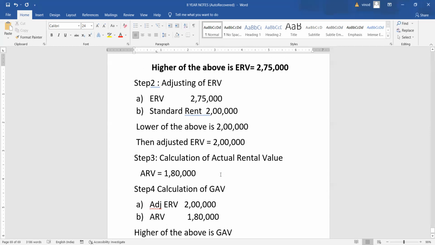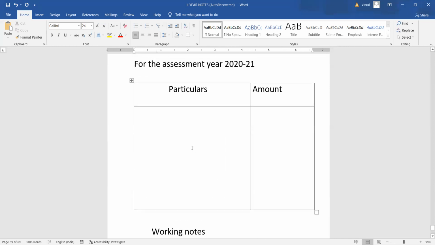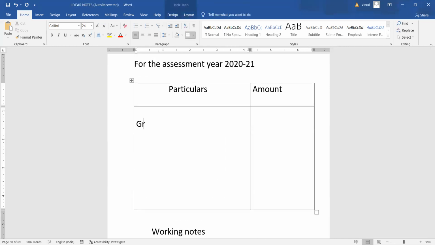Let's move to the main problem. We are going to write gross annual value as per the working note. Now, from this, municipal taxes we should deduct.